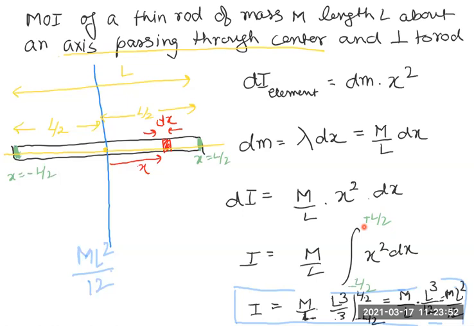Why? Because you would have found the moment of inertia of only this part of the rod if you go from 0 to L by 2. Okay, and then you can multiply. If you are not comfortable with minus L by 2 to plus L by 2, you can go from 0 to L by 2, but then you have to multiply by 2. Okay, did this make sense, or is something still missing?